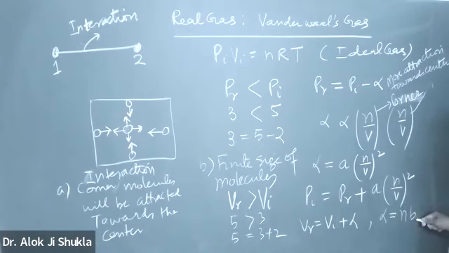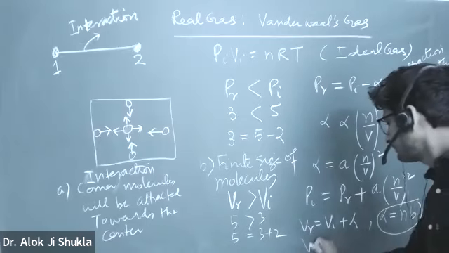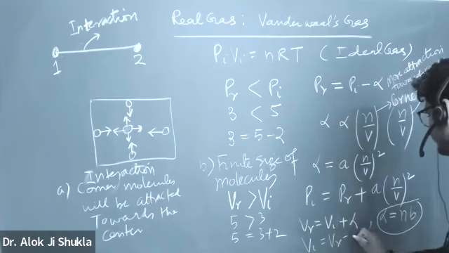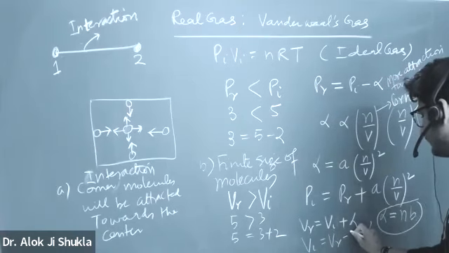For example, some molecules will be big, some small. Because you consider them as spheres, this B is associated with the radius of that sphere. So now what is VI? VR minus NB.